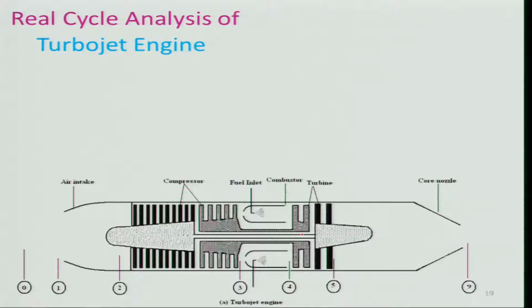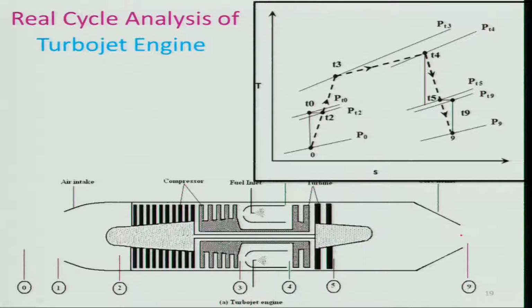The thrust obtained by a turbojet engine is basically due to the expansion in the nozzle. In this case, I have shown a convergent nozzle, but a convergent-divergent nozzle can also be used, and we will be restricting our discussion particularly to the convergent nozzle, and I will be mentioning the convergent-divergent nozzle also.